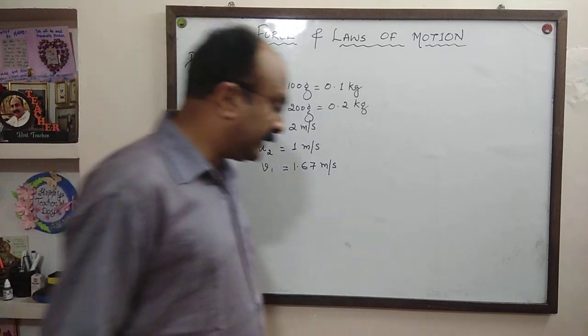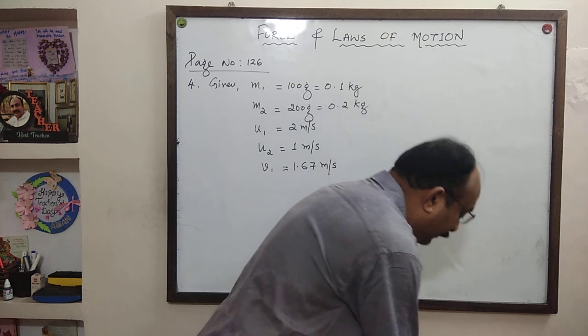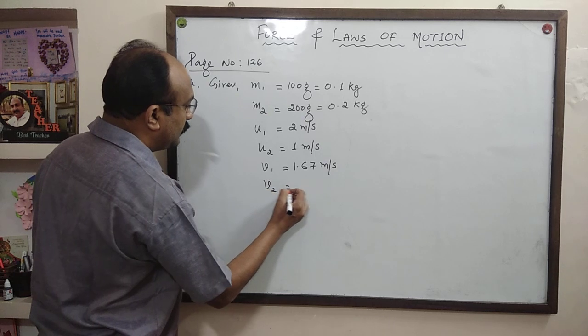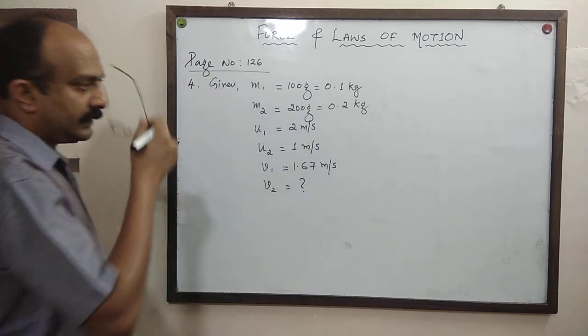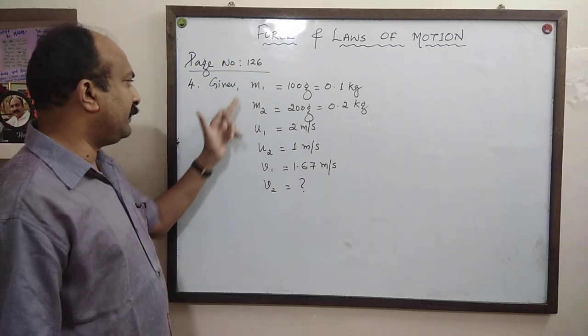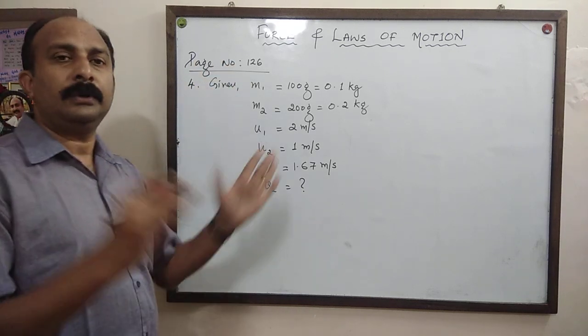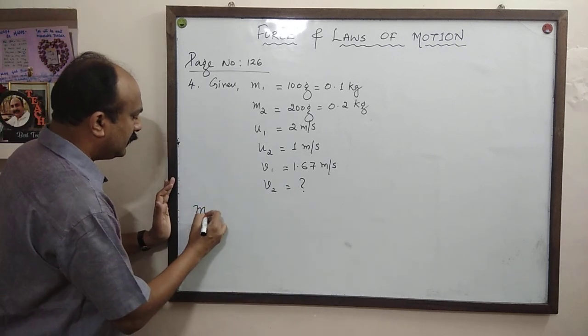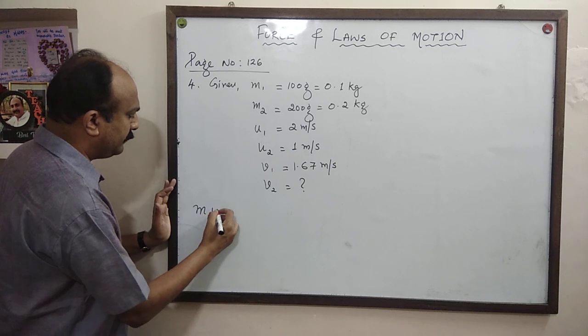Determine the velocity of the second object. Velocity of the second object, that means V2 is equal to question mark. Very simple question. Whenever you see these things M1, M2, U1, U2, V1, V2, you will automatically get the idea, use the law of conservation of momentum.